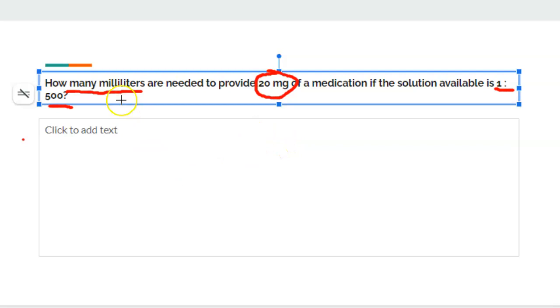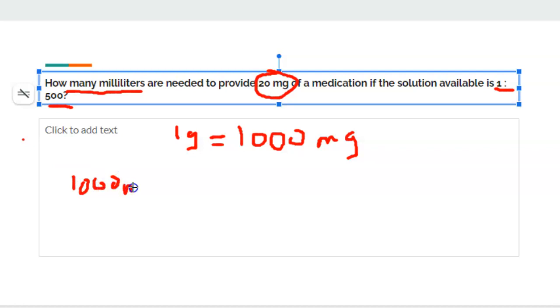Let's make sure these are set equal to each other. Since 1 gram equals 1,000 milligrams on our conversion sheet, we'll start with that. So we're going to do 1,000 milligrams over 500 milliliters, because that's the same as 1 gram over 500 milliliters.